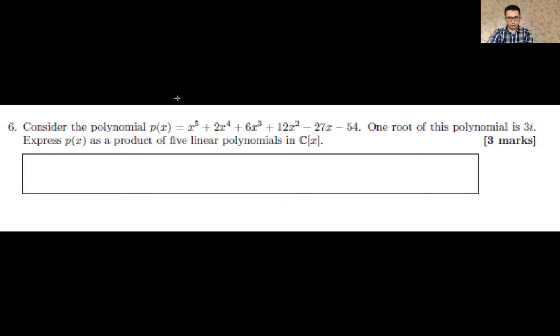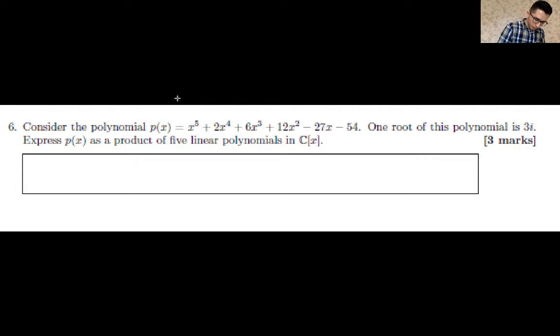So the polynomial is x to the power 5, 2x to the 4. One root of this polynomial is 3i. Express p of x as a product of 5 linear polynomials. So essentially we just have to find the roots of this polynomial.